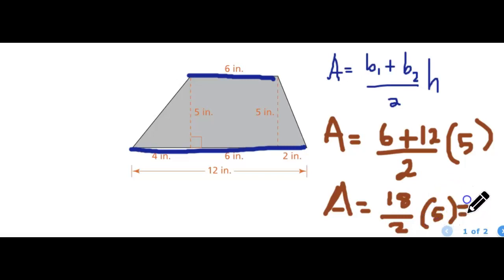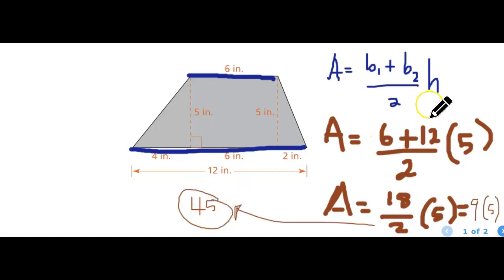Let me make my pen smaller. So 18 divided by 2 is 9, and times 5, that definitely gives us 45.